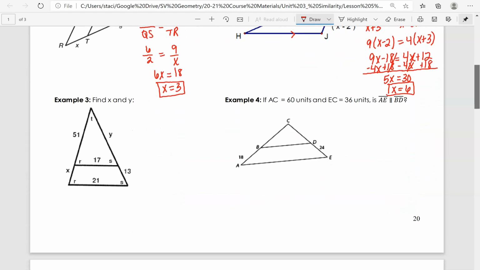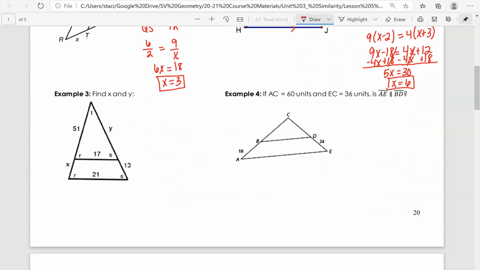All right, let's look at example 3. Example 3 says to find x and y. And we are going to assume that these two sides are parallel. I know it doesn't say that, but we're going to go ahead and assume that they are.